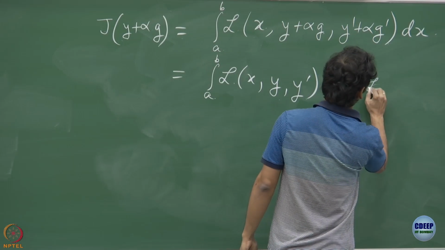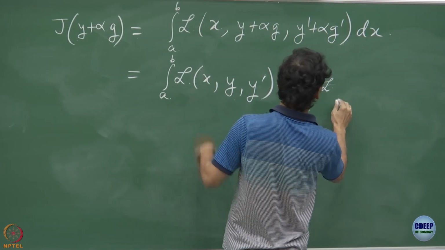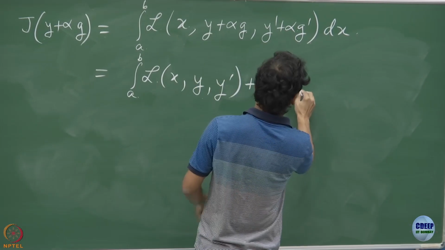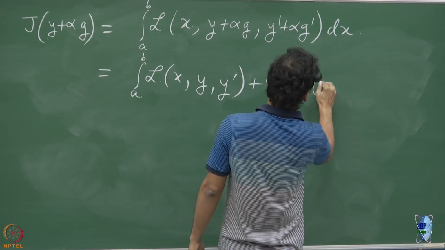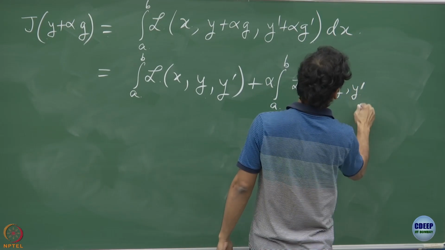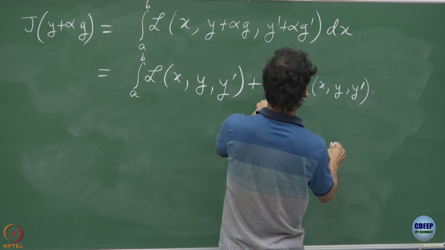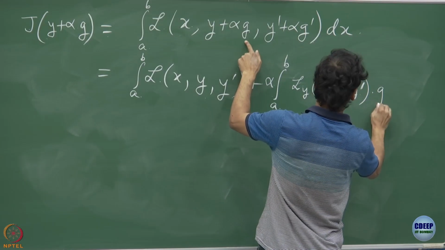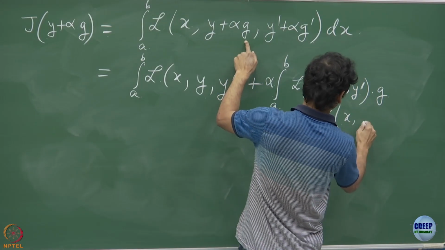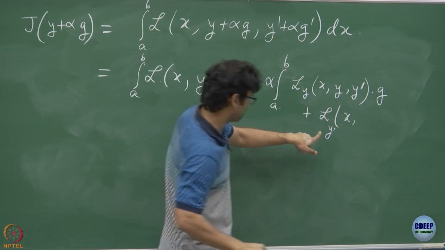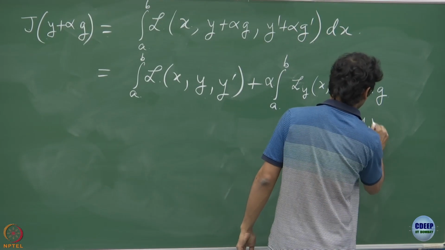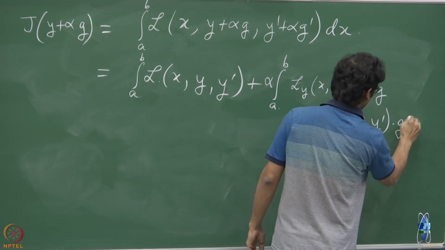So this is L with respect to the second argument, that is L_y of x, y, y prime, with a g, plus L with respect to the third argument, L_y prime of x, y, y prime, and you get g prime pulled out.